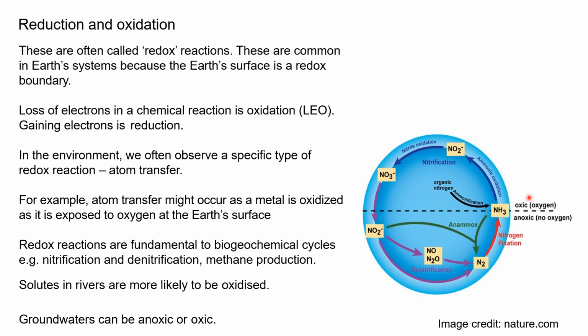So for example, if we start here at the redox boundary, you'll see the atom transfer as you go from the ammonium up to the nitrite and then the nitrate.